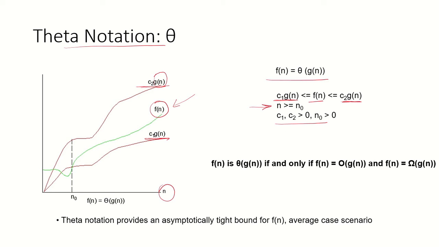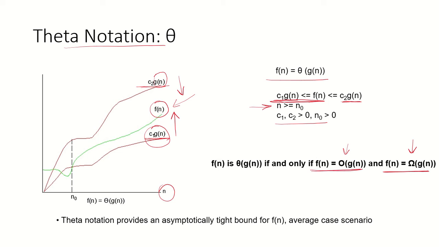Now if f(n) is greater than c1 g(n), that means c1 g(n) is the lower bound. In that case we say f(n) is omega of g(n). And if f(n) is less than or equal to c g(n), then we say f(n) is big O of g(n). You can check my videos on big O and omega.